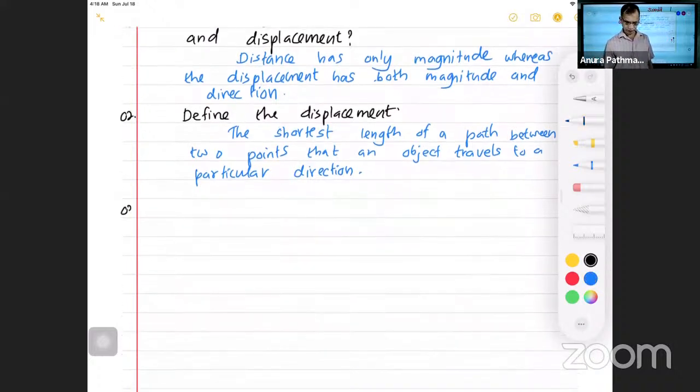Third one, is distance a vector quantity? Explain the reason.